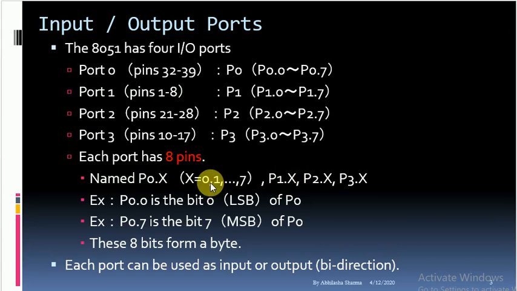X basically defines the bit, whether it is the LSB or the bit next to the LSB. P0.0 shows bit 0, the LSB of P0. Similarly, P0.7 is bit number 7, the MSB of P0. All these 8 bits form a byte, and each port, port 0 to 3, is used as an input or output port, or we can say a bidirectional port. In the next slide we will discuss the function of each port in detail.